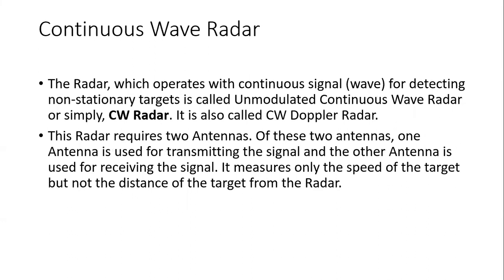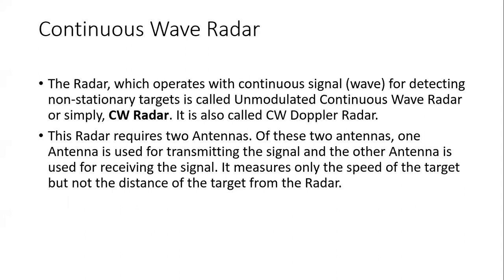So in MTI, what we did was use pulses and the Doppler effect, and then trace out the moving target and the stationary targets. Here with continuous wave, again, you are able to detect the non-stationary targets, that is moving targets, with the help of the Doppler effect, but using continuous waves.